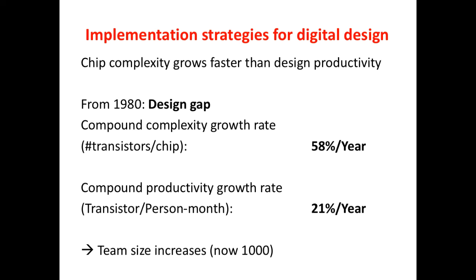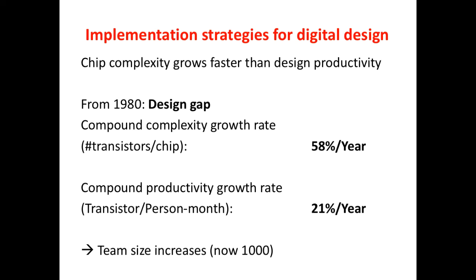Second observation, of course, we know where the complexity growth rate comes from. Basically, it comes from Moore's law, from the scaling laws, the scaling of CMOS technology that we have already discussed. We have not discussed where the productivity growth rate comes from.